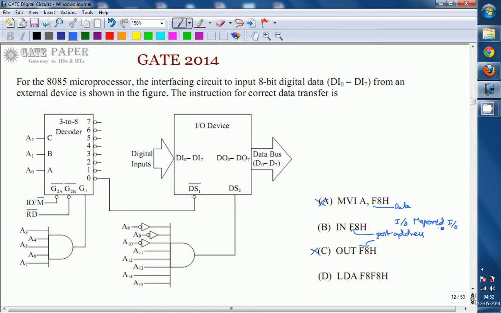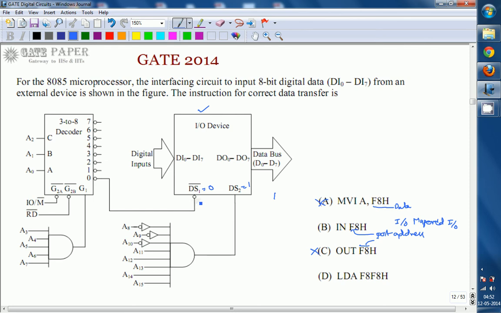Here, this is the I/O device, and it is identified with an address. DS1 bar and DS2 are used to select it. Whenever DS1 bar is 0 and DS2 is 1, this particular I/O device is selected.